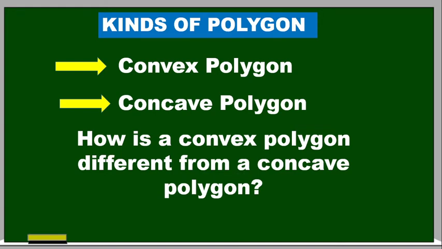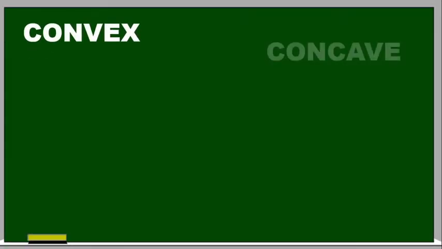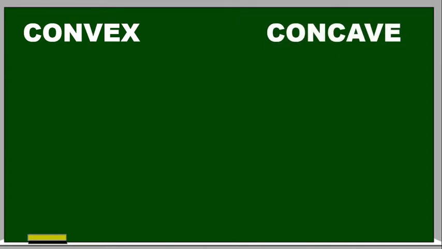Question: how is a convex polygon different from a concave polygon? So we have here the difference between convex polygon and concave polygon. Convex versus concave. Number 1, according to angles.